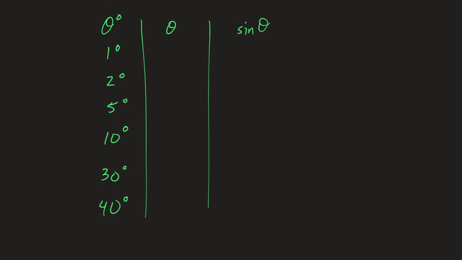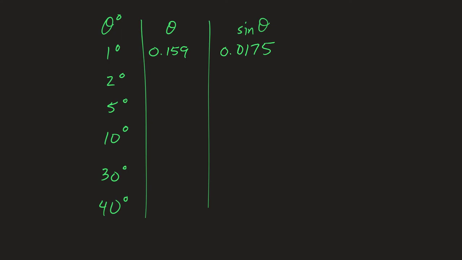All right, 1 degree in radians. 0.0 what? Is it 0.159 or 0.0159? All right, sine of 1 degree. 0.0175.